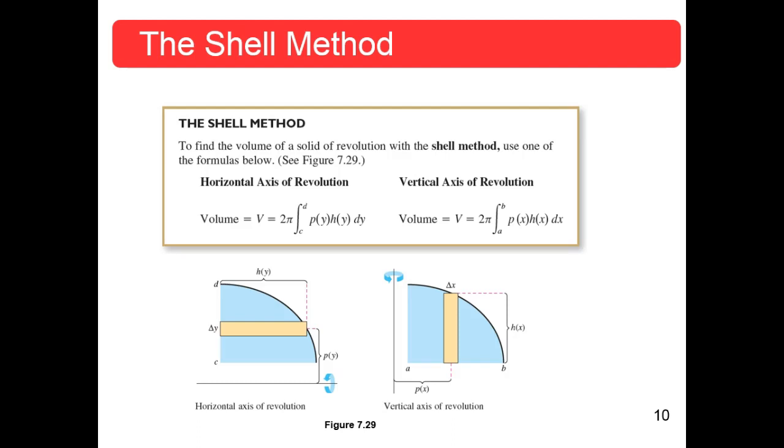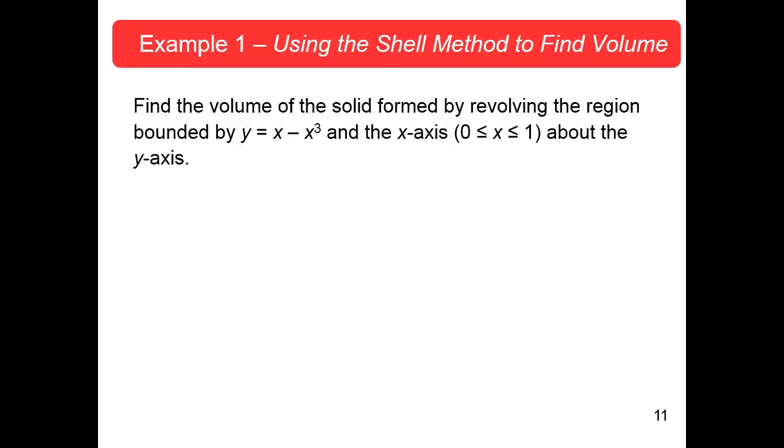And if you're doing a vertical axis of revolution, your d's are your dy's. So you see your deltas flip between shells and disk. Whichever is the easier one to do, that's the one you go with. I wasn't supposed to say that yet, but it seemed like a good place to do it.